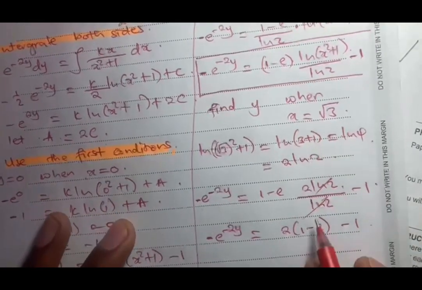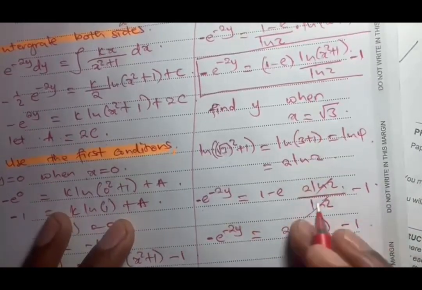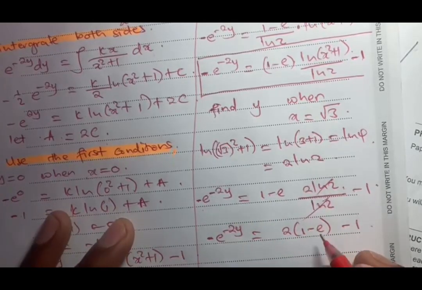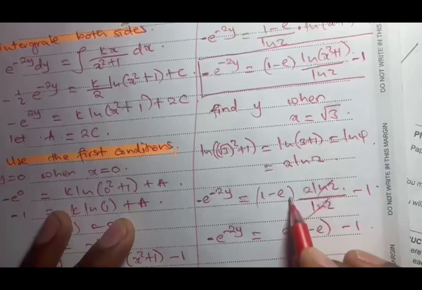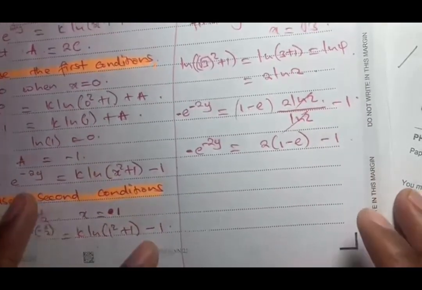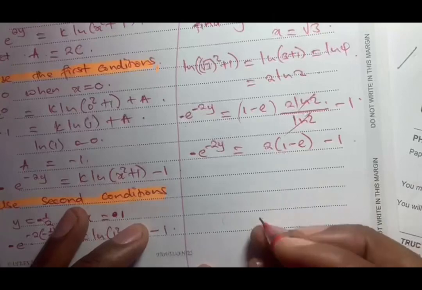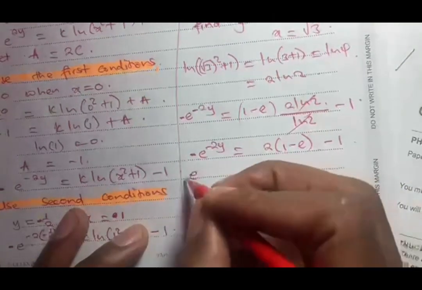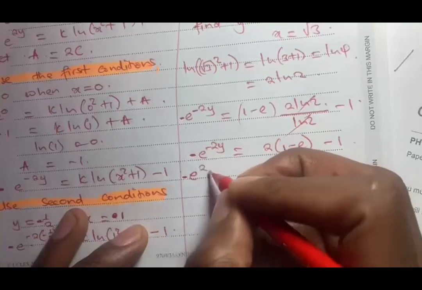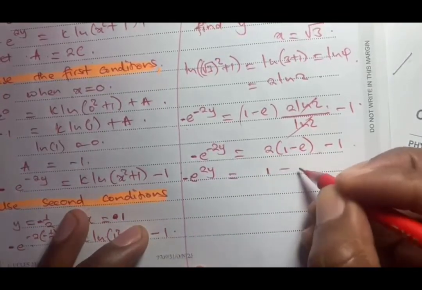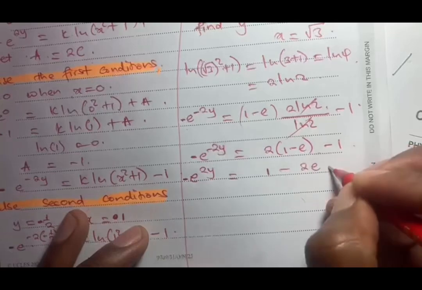Then this will multiply the 2 and negative 1. Simplifying, we get minus e of 2y is equal to 1 minus 2e.